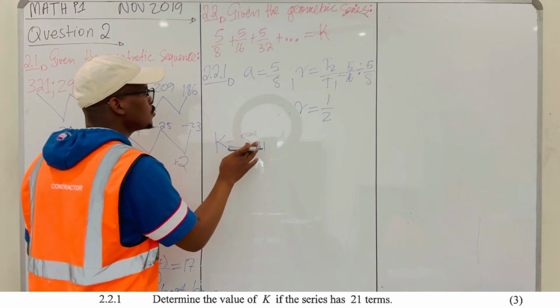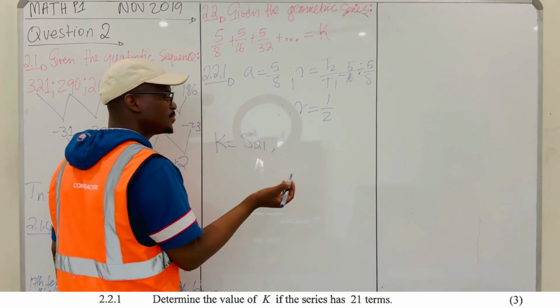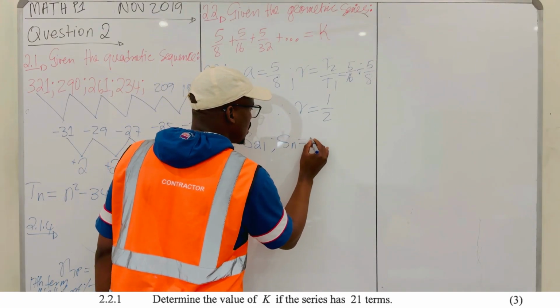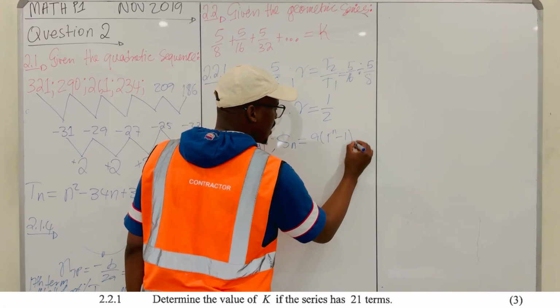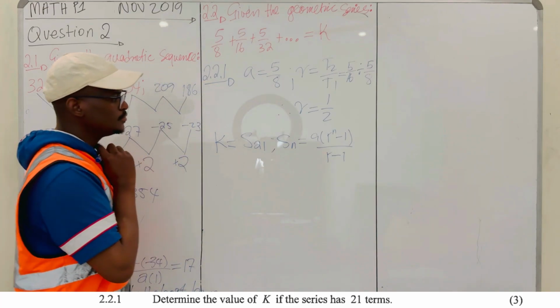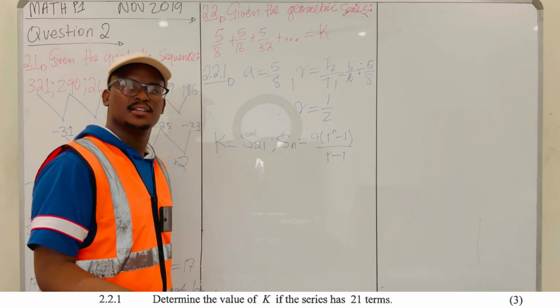And you know, to find the sum of n terms of a geometric series, Sn is equal to a times (r raised n minus 1) over (r minus 1). This is the formula for finding the sum of a series.